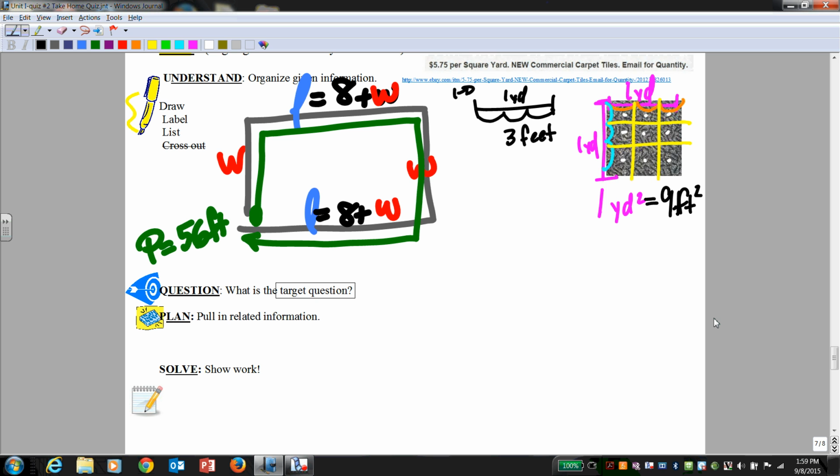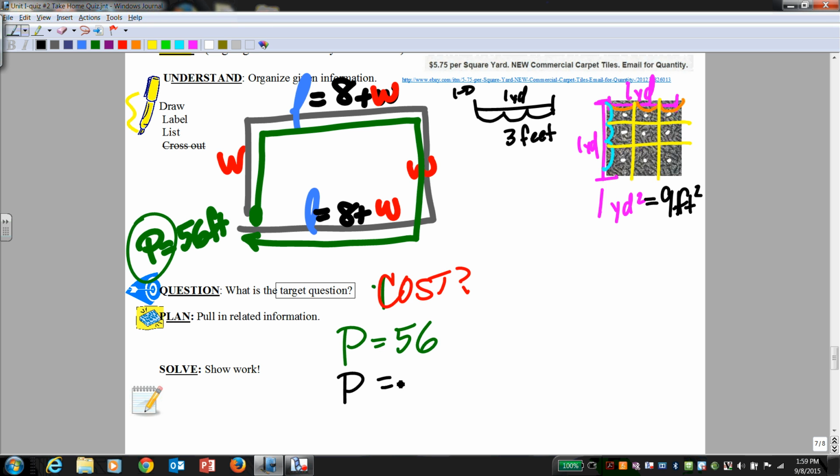Okay, from here you ask yourself what you can do. We know we can work with perimeter. So our goal is to find the cost. Perimeter equals 56 feet. And we know perimeter simply equals length plus width plus length plus width. Okay? Take it from there. Finish the problem. Check your work.